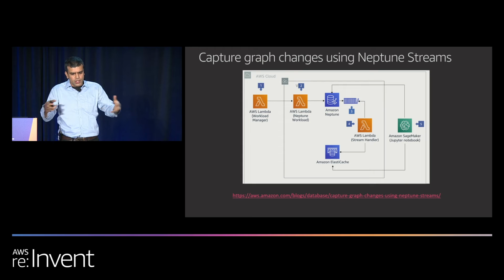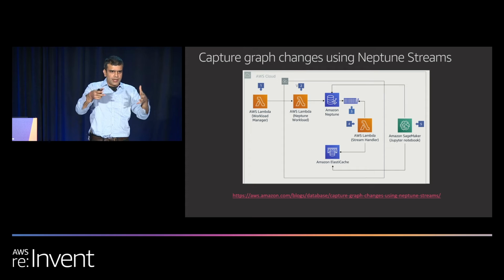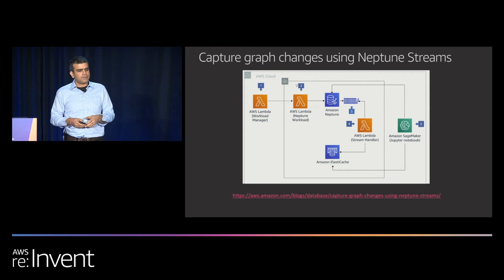Once that's done, you have a change log that's available for about 7 days. So once those change logs are available, you can have that in a Lambda, and the example talks about doing a statistics operation that's made available in ElastiCache. It's a very common use case that we also hear from our customers.